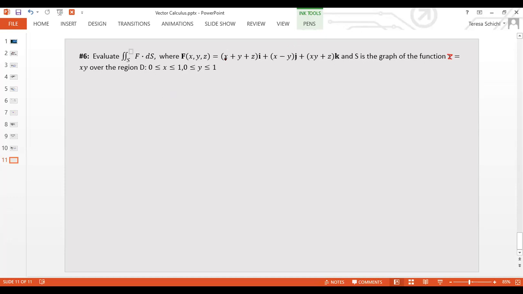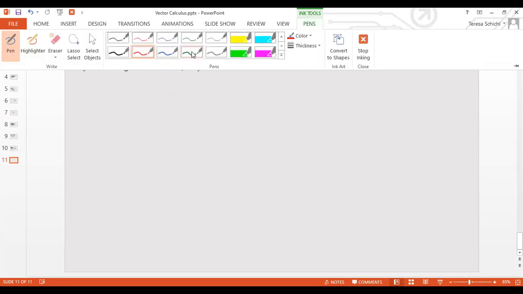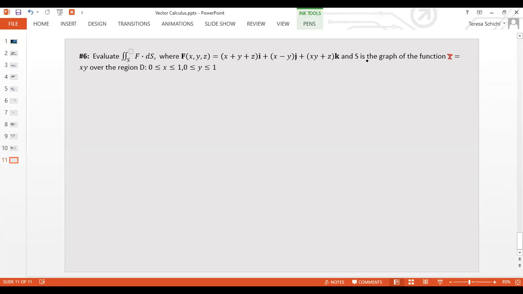Because I can find the graph of the function z equal to xy, I might be able to use the gx, gy method. And also the function is quite simple, so the partial derivatives will probably look good.